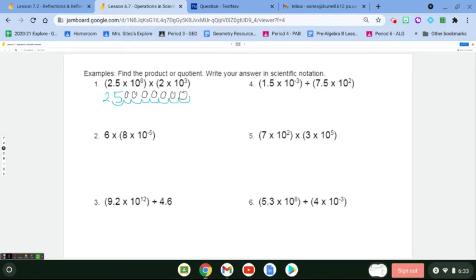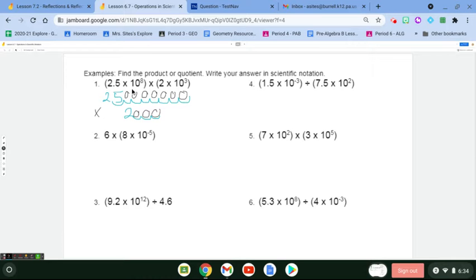And then I'm going to multiply that by 2 times 10 to the third. So again, I'm going to be sliding that over 1, 2, 3 places. You would be multiplying these two numbers together and then converting that into scientific notation.